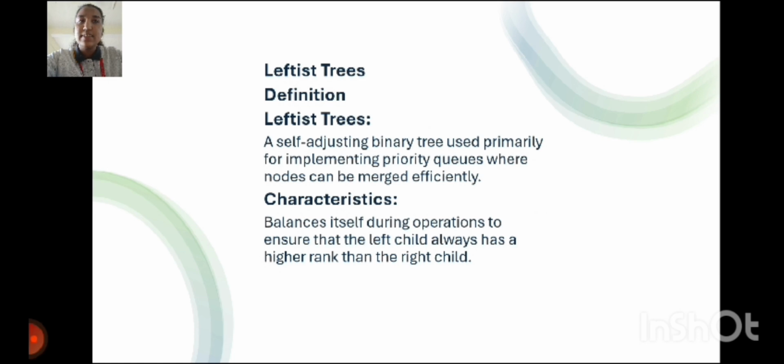Leftist trees. The definition of leftist trees: a self-adjusting binary tree used primarily for implementing priority queues where nodes can be merged efficiently.